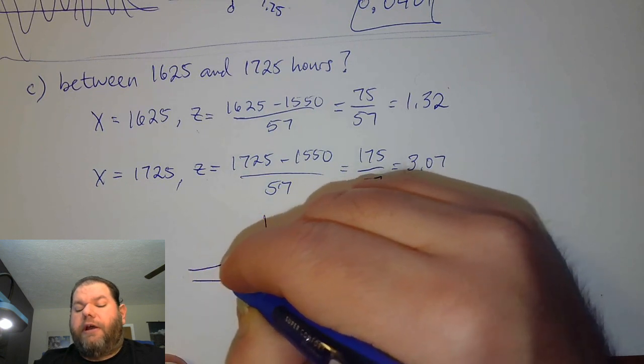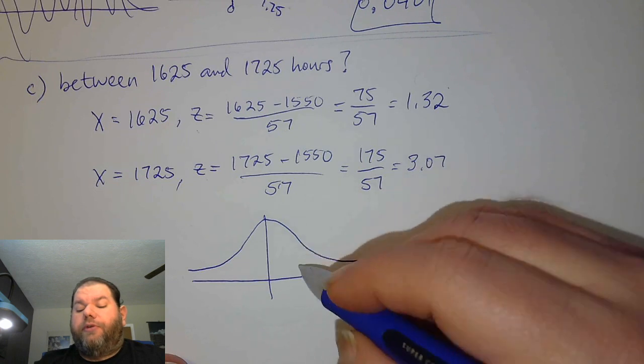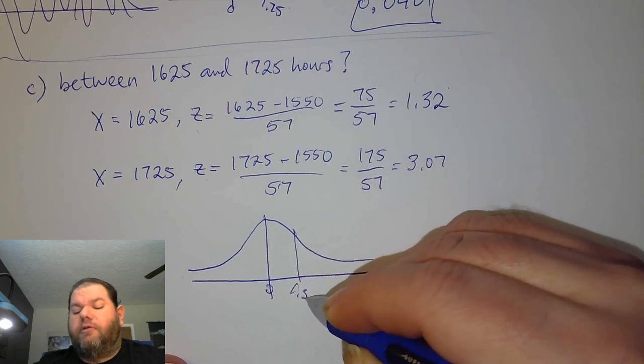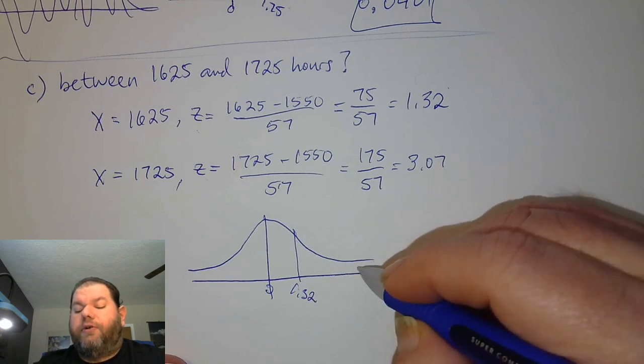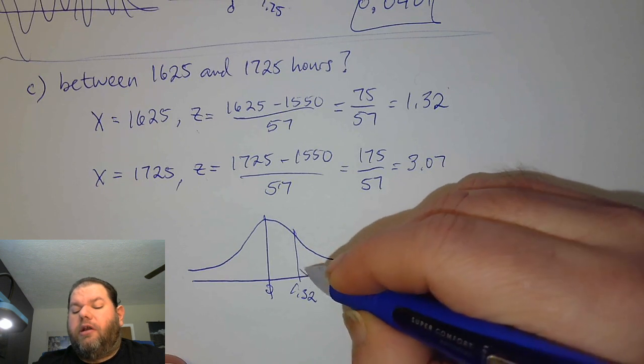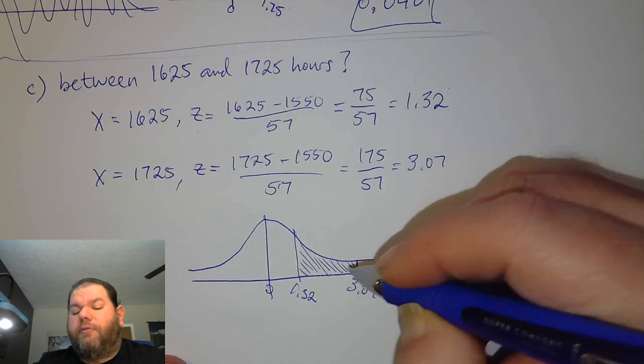So creating a graph, 1.32 certainly is to the right of 0, and then 3.07 would be way over here. And we want the area between, so we'll shade the area between those two numbers.